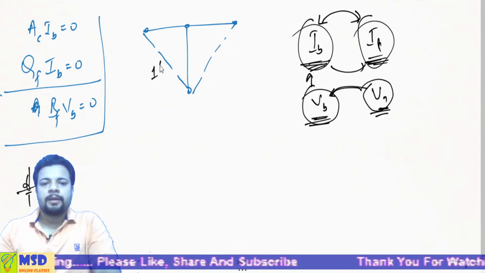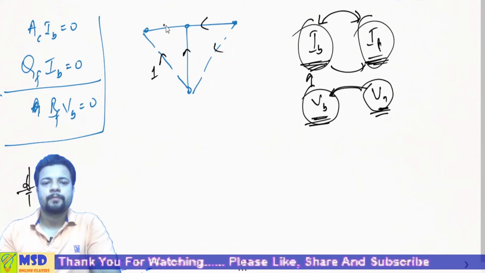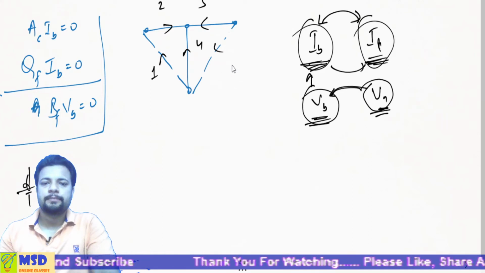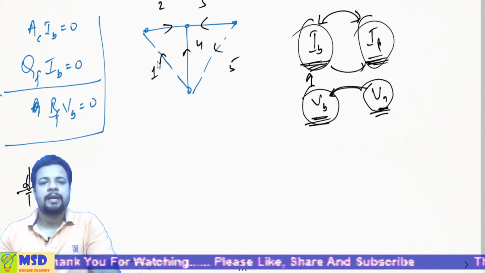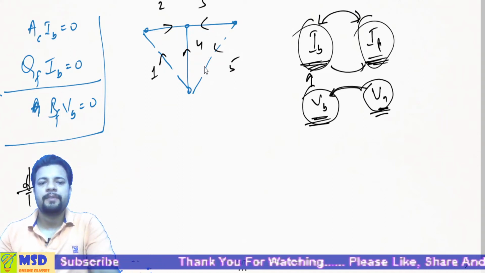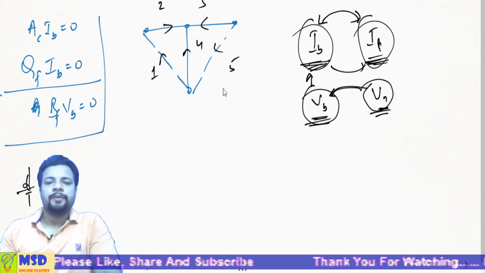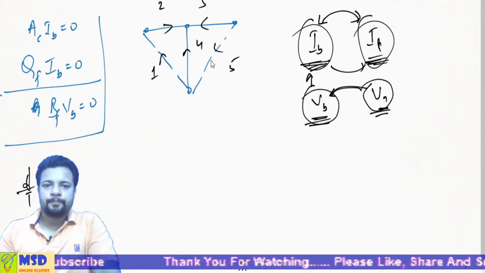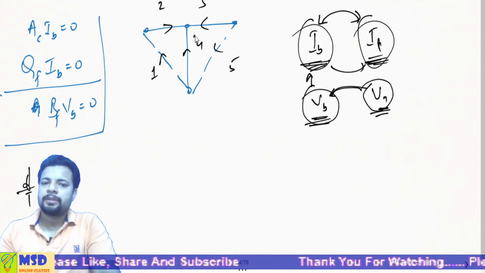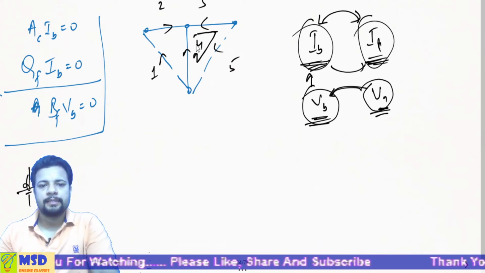So let me take a graph. Again, let me name the branches 2, 3, 4. I'm taking 2, 3, 4 as my tree and 1 and 5 as links. So this forms your tree, 2, 3, 4, and 1 and 5 form your co-tree. Now we know that for a fundamental tie set, the direction of the fundamental tie set is the same as the direction of the link in the loop.